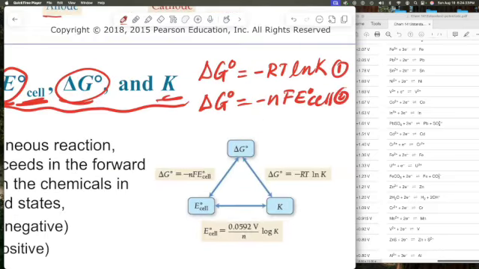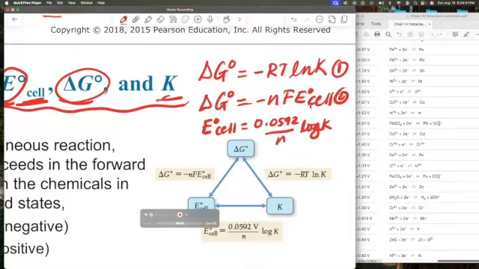When you combine equation 1 and 2, we get the third equation that relates E of the cell with K, which says E of the cell is equal to 0.0592 over N log K. So the log natural somehow became log K. So give me just a moment.